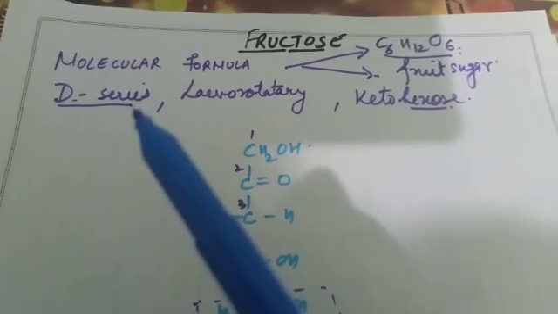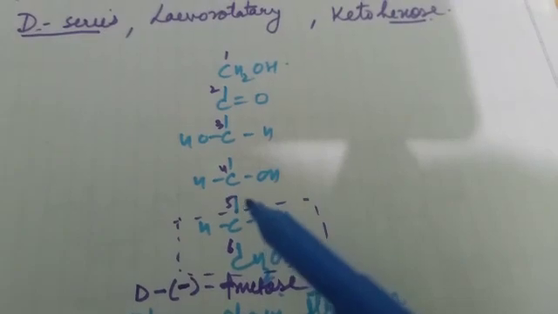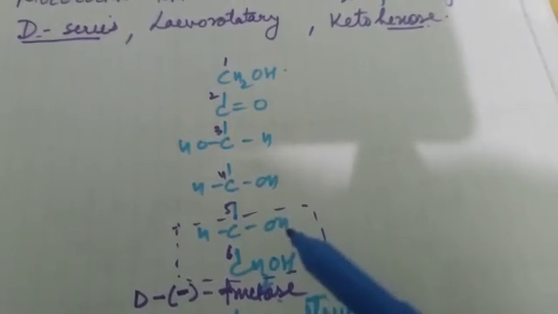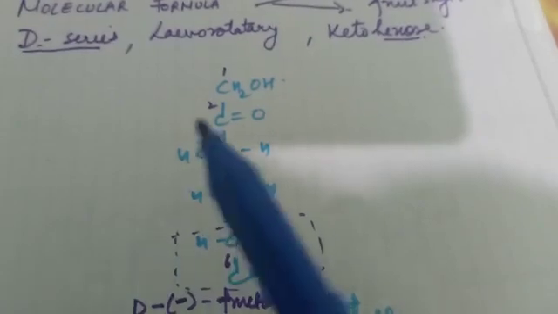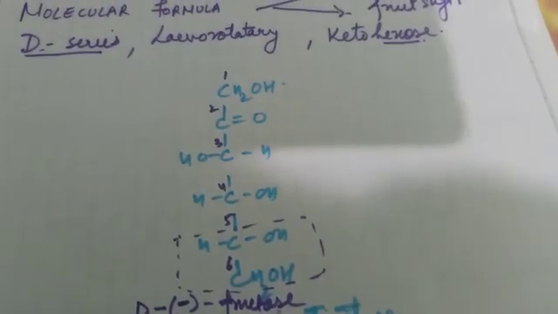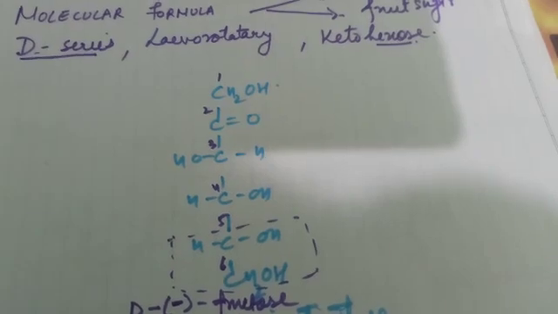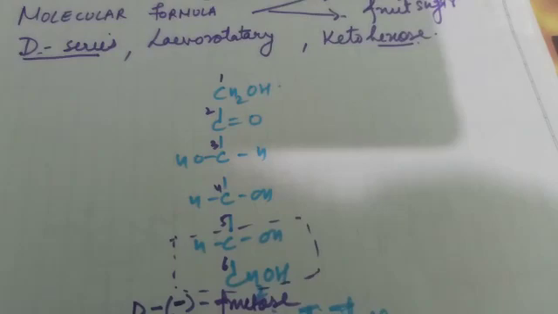Do you remember D-glyceraldehyde? If you see in the open structure, carbon 5 and 6, carbon 5 has OH on the right hand side, so it is said to be a D series member. Although the difference is that it is levorotatory, anti-clockwise rotation of plane polarized light is observed, and it has a ketone group.